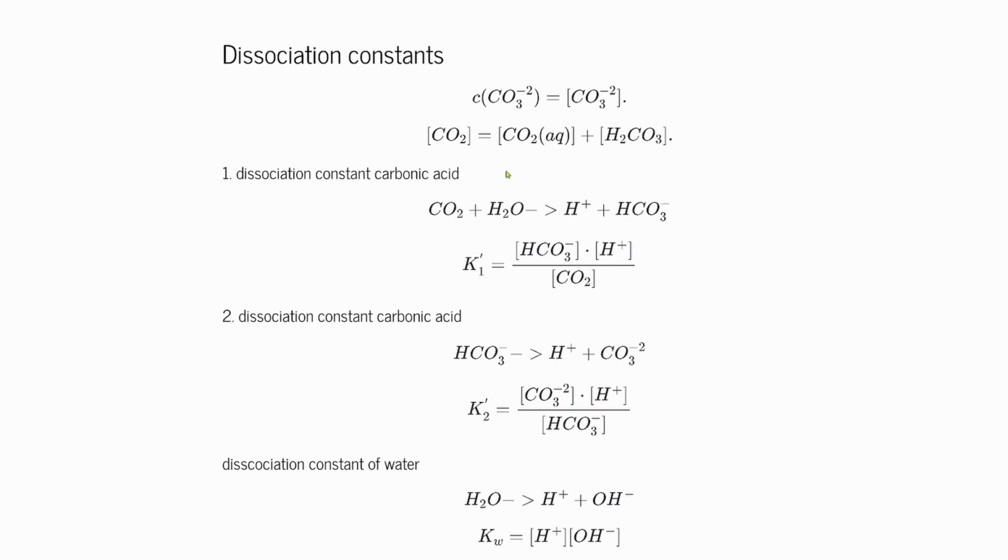And then what do we need next? We need the first dissociation constant of the carbonic acid, basically the deprotonation into the bicarbonate and the H+. From that equation we can rewrite it, and when we know the CO2 concentration as well as the H+ concentration and the dissociation constant, we can calculate the bicarbonate concentration.